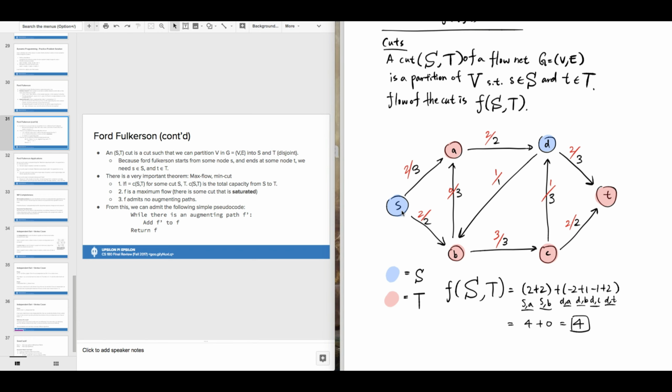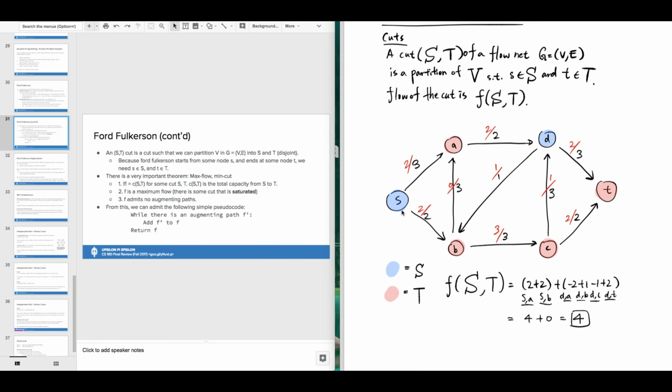For the S set, it must contain the node S, and for the T set, it must contain the node T. And the total flow between the two cuts is the total capacity going in and out of the two cuts. So for example, we have here 2 plus 2, as you can see, S to A, S to B. And here, now we go from T to S, therefore this is a reverse flow.